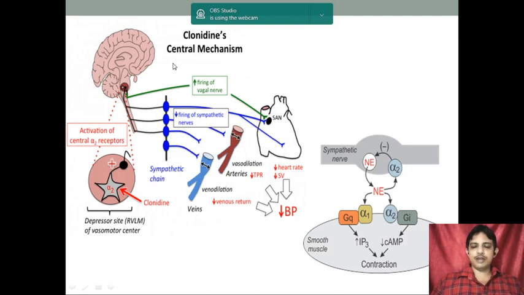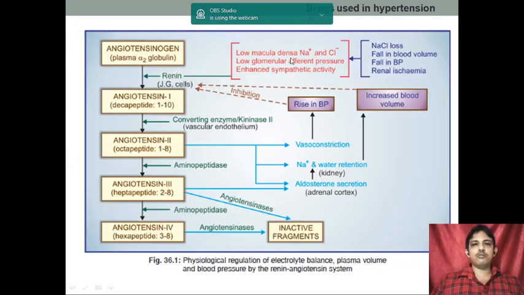Now what will happen whenever there is a low macula densa sodium or chloride, low glomerular afferent pressure, enhanced sympathetic activity due to NaCl loss, fall of blood pressure, fall of blood volume and renal ischemia, the juxtaglomerular cells of the kidney will release renin.